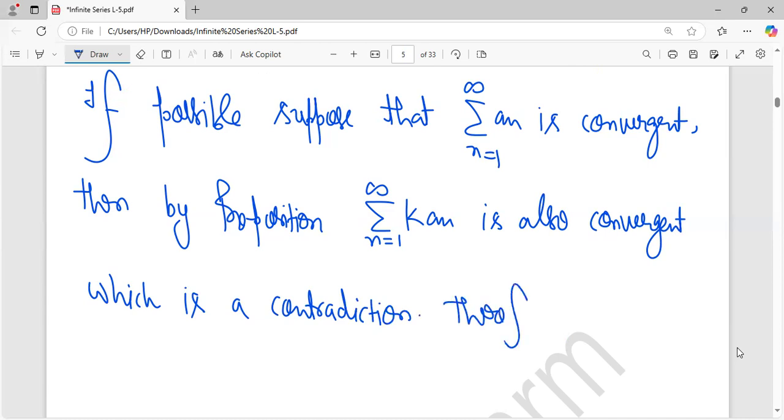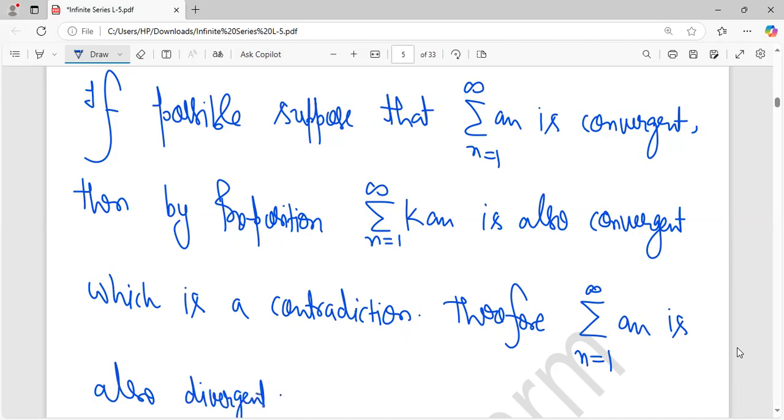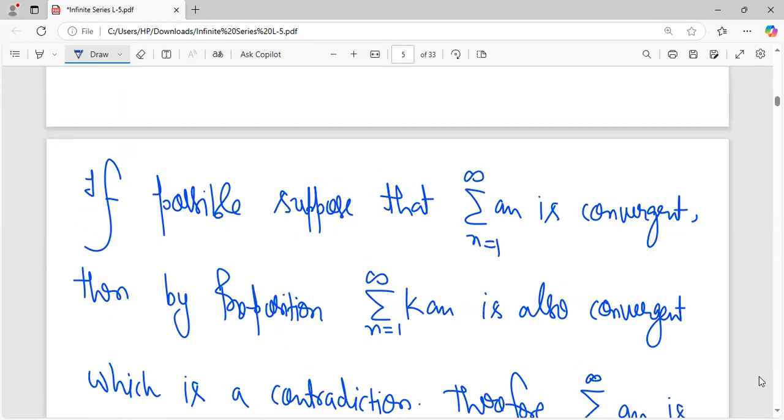Therefore, this series summation a n is also divergent.